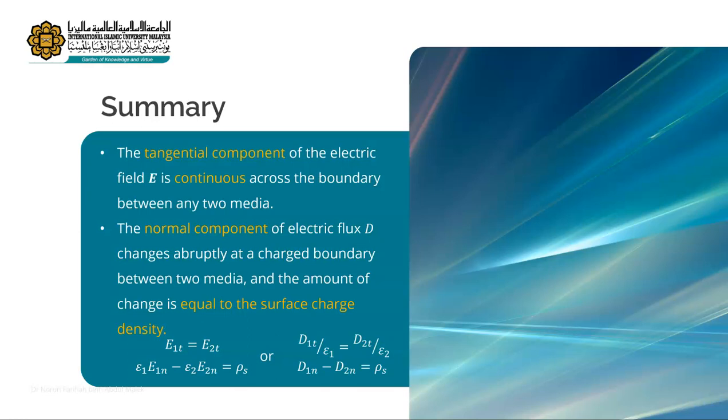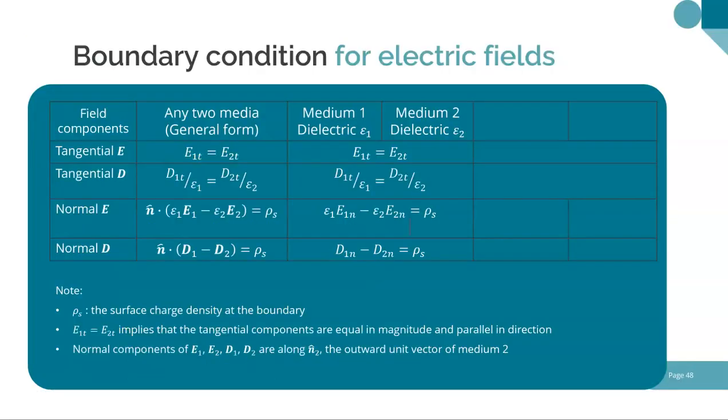For the normal component of electric flux D, it changes abruptly at a charge boundary between the two media, and the amount of change is equal to the surface charge density. The normal component is the one that goes vertically across the two materials. So this is the boundary condition for the electric field.